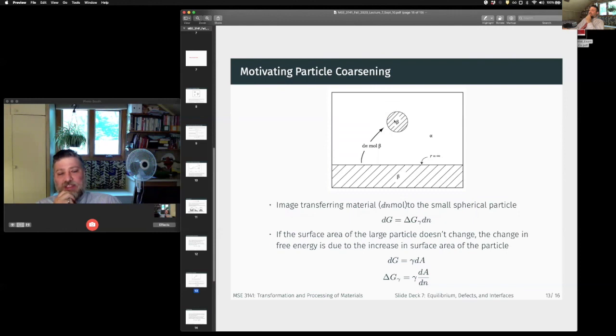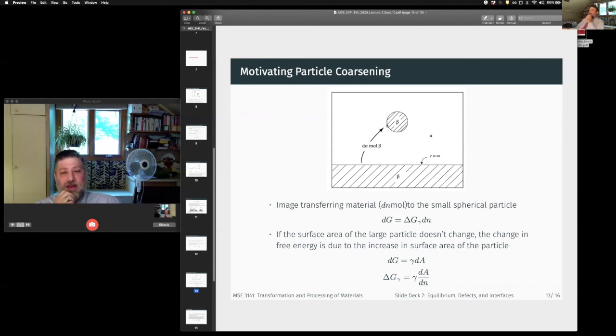And that biggest change in free energy is going to be where the change in surface area is the greatest, meaning that our surface area to volume, right? So smaller particles have a much higher surface area to volume ratio.